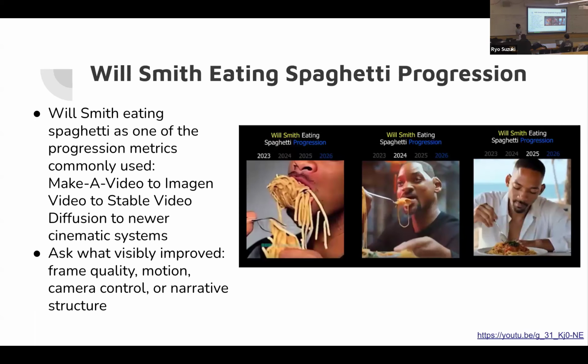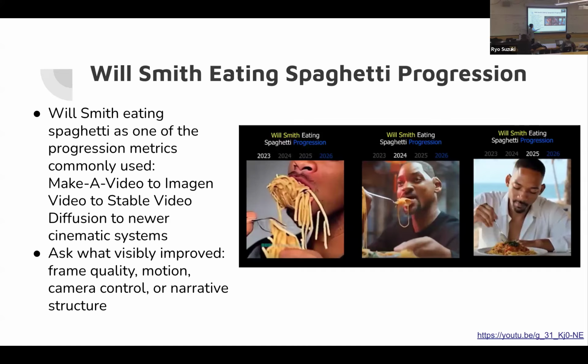And it's quite impressive how much video generation models have improved. One of the metrics, I mean, this is actually an internet meme, but have you ever seen the Will Smith eating spaghetti meme? No? Did anyone see it? Okay.